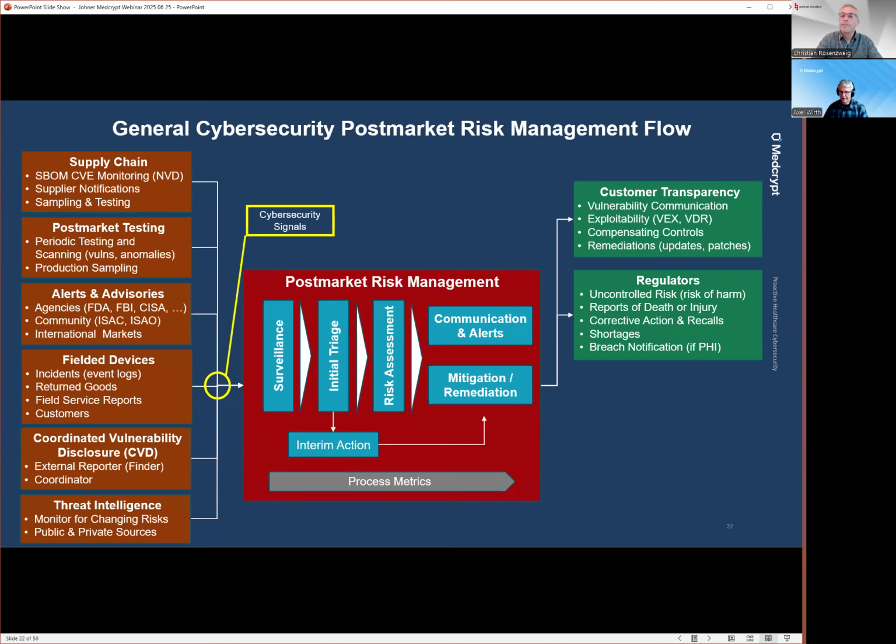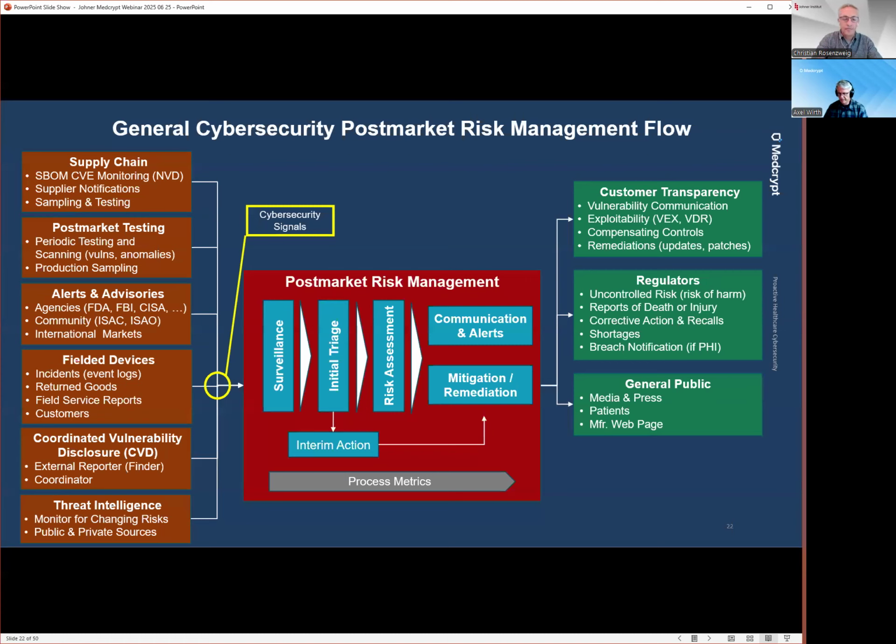You may have to engage in corrective action and recalls. You may have to deal with product shortages. And if patient data is involved, you may have to issue a breach notification in case of compromise of personal protected information.